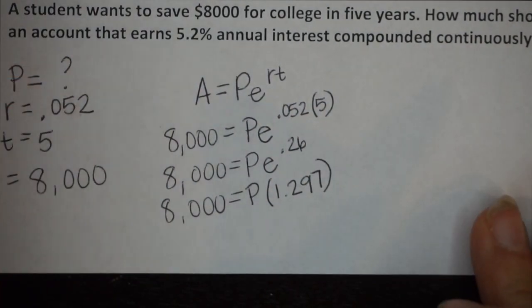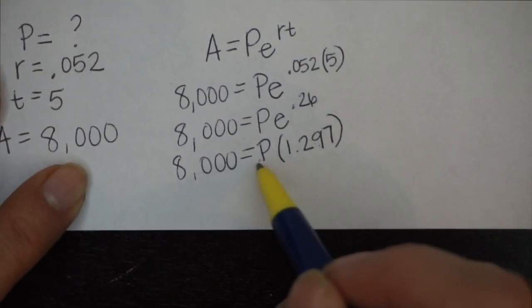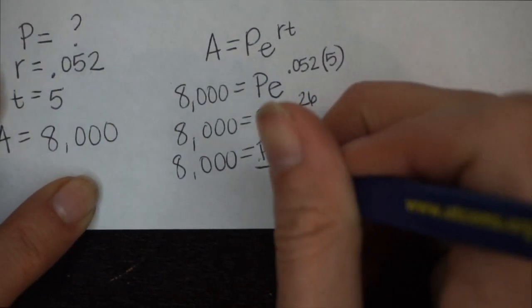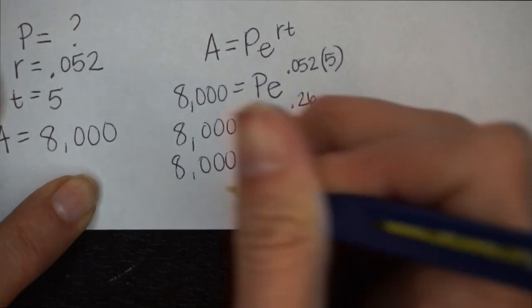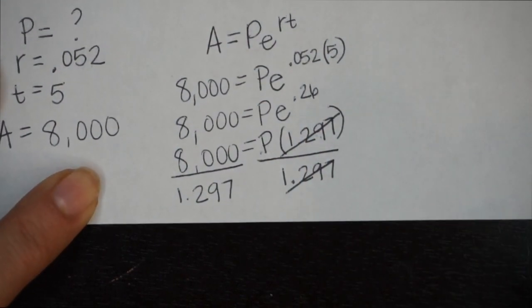So 8,000 equals P times 1.297. And since we're solving for P, and this is multiplying, we need to divide to get P by itself. So divide by 1.297 on each side so that it cancels.